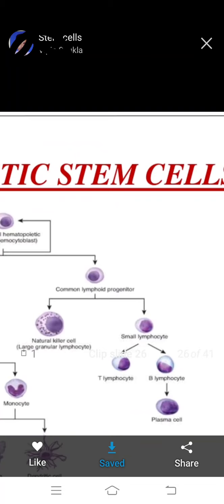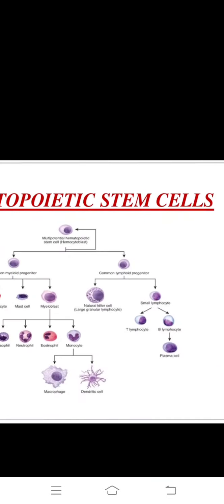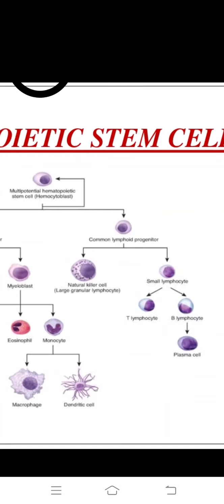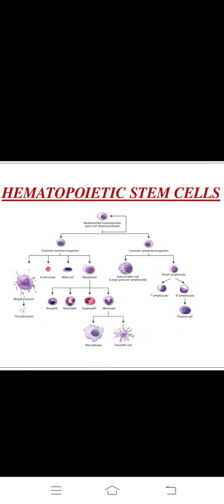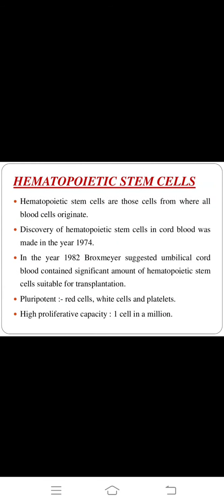Very important portion: B lymphocytes forming plasma cells are small lymphoid cells. Natural killer cells are the large granular lymphoids. Lymphoid cells are very important. Next one, B and T lymphocytes. B lymphocytes form plasma cells. This is very important.